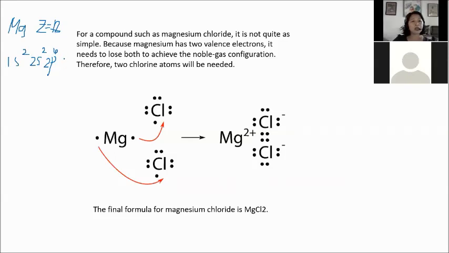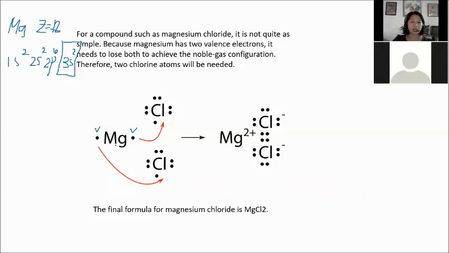There are two more, so 3s2. Okay. So meaning, the valence electrons of Mg is 2, represented by 2 dots. These two dots.